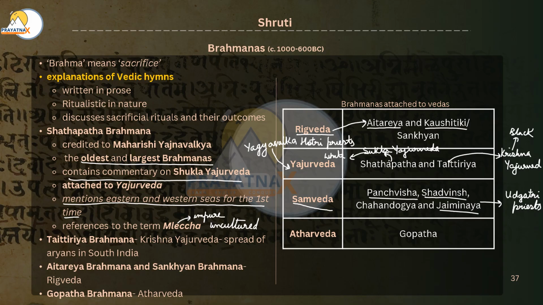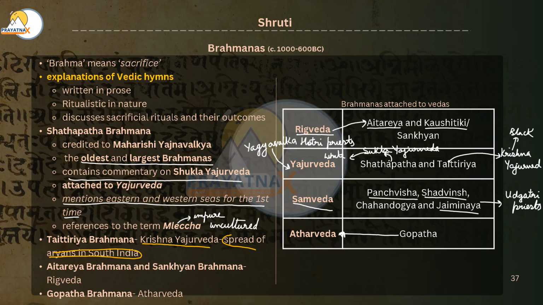Lastly, Gopat Brahmana is the only Brahmana which is associated to Atharvaveda. Now, another thing to note here would be that Taittiriya Brahmana is associated to Krishna Yajurveda, which I already told you. Now, it also talks about the spread of Aryans in South India.